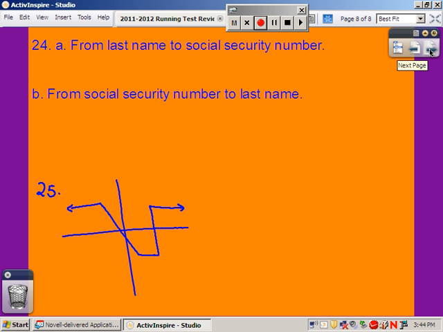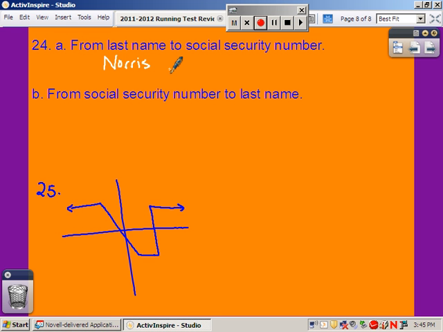Almost there. All right, the last ones are kind of the fun ones that most people have no trouble with. So I ask you, is this a function or not a function? We actually use this one in class, I think, at some point. Okay, from last name to social security number. So let's say your last name, you're really cool, is Norris. That means if you type in last name, you automatically only get one social security number.